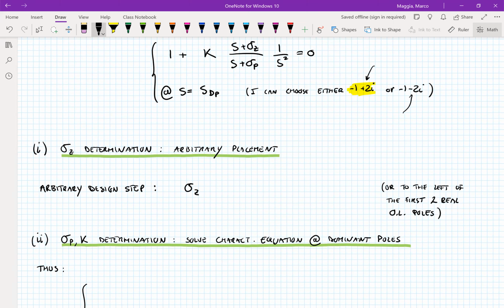So since the zero is real and the dominant poles are complex conjugate, how do we do that? Well, we choose the zero to be equal to the real part of the dominant poles. And so in this case, we have absolute value of -1, it is 1.